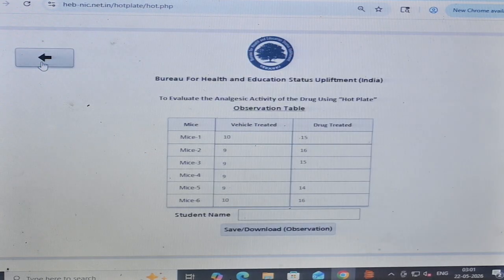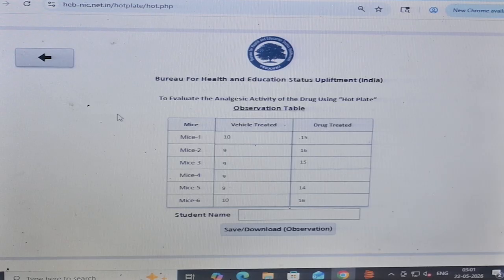So now go to the observation. We have the vehicle treated and the drug treated. The time on the hot plate apparatus increases in the drug treated animals, because the drug treated means pentazocine, which we induced at 10 mg per kilo IP, and pentazocine is an opiate analgesic.